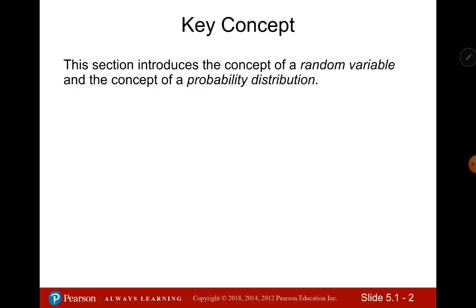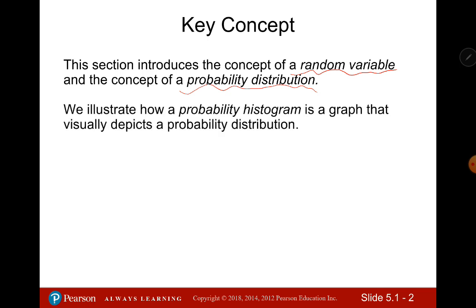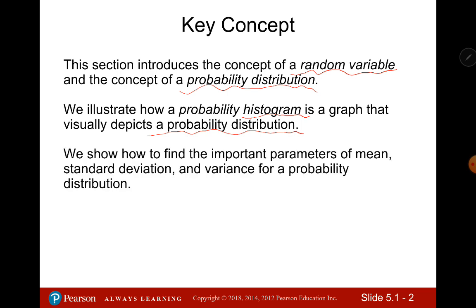Let's check. We will talk about the definition of a random variable, and we will also learn the concept of probability distribution. We will use the histogram to represent the probability distribution, and we can find the important parameters: mean, standard deviation, variance.